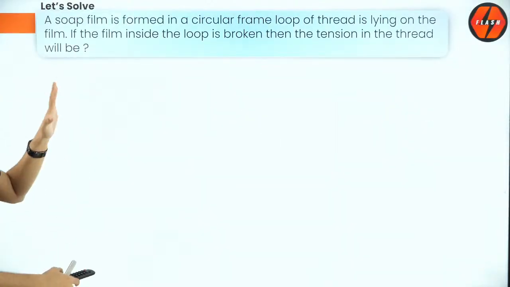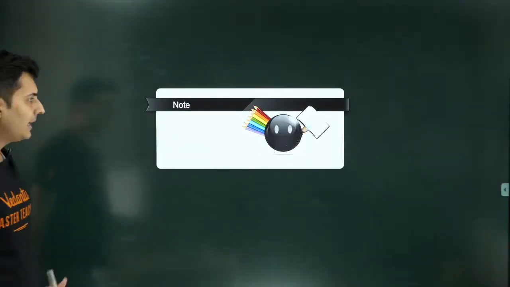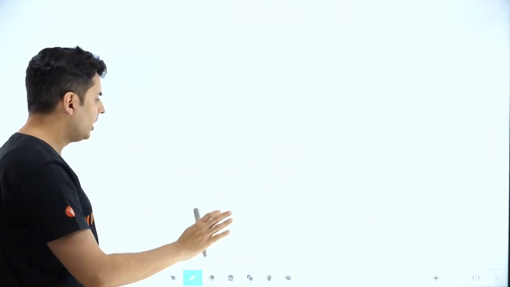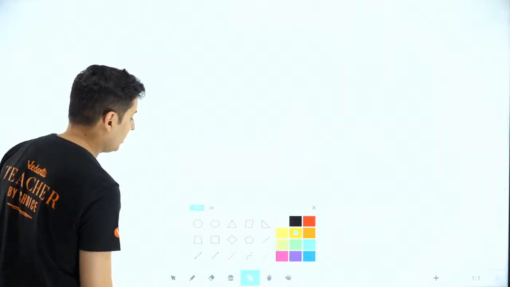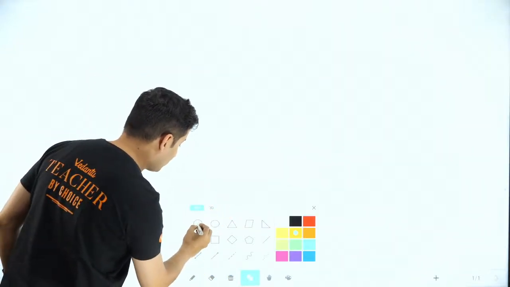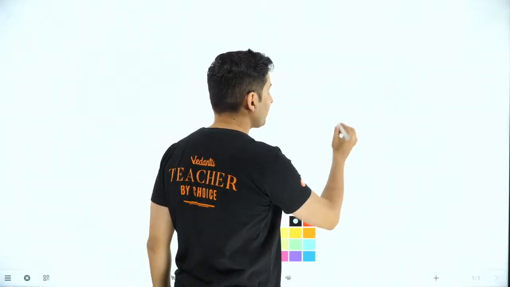Now, if you understood the problem, let's solve this question in a very beautiful manner. Guys, this method is very important, because you're going to see a lot of questions based on this in JEE Advanced and sometimes even in JEE Mains. So here is the thing.